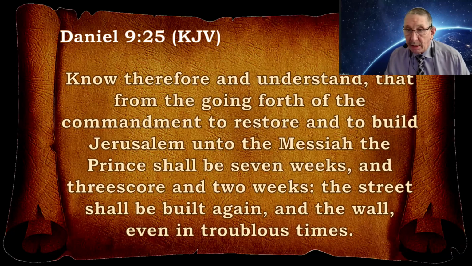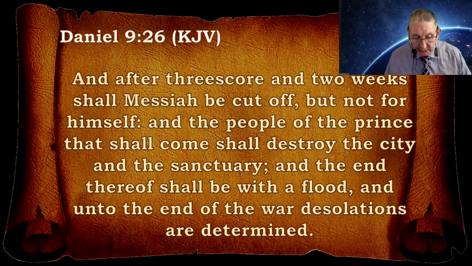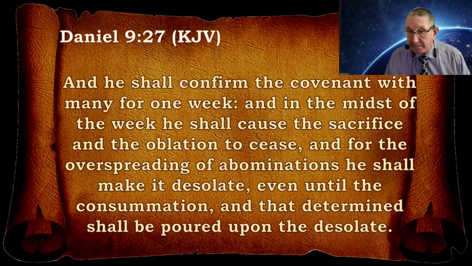So back to this. I want to try to explain when this actual 9:27 happens. For a covenant for many for 1 week. In the midst of the week, he shall cause the sacrifice and the oblations to cease, and for the overspreading of abominations he shall make it desolate, even until the consummation, and that determined shall be poured upon the desolate.